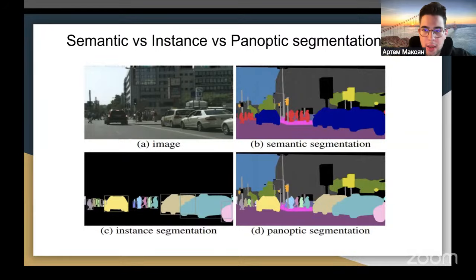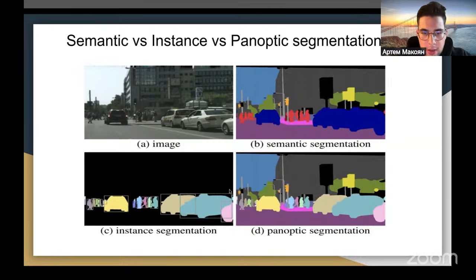You can see that we have two parked cars on the right, and for semantic segmentation we can't distinguish them because they are merged, and this is a problem for some tasks when we want to find distinct instances.